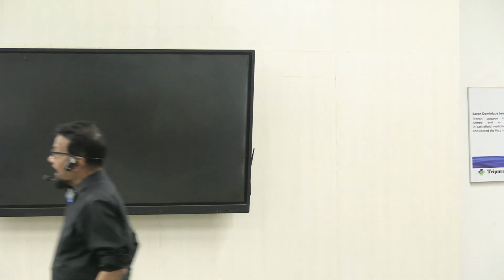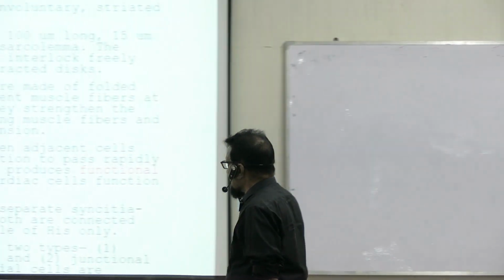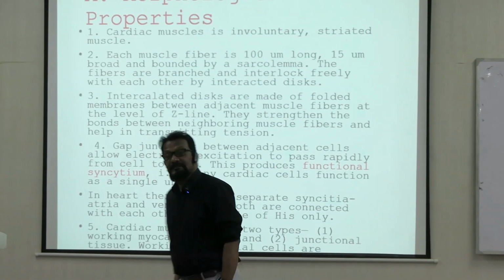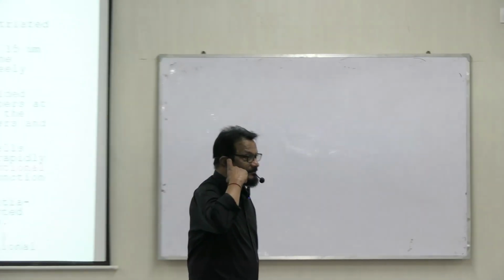So that's why these cells have a lot of mitochondria, and they also have a lot of glycogen stored in their sarcoplasm. These are other features of the cardiac muscle cells.